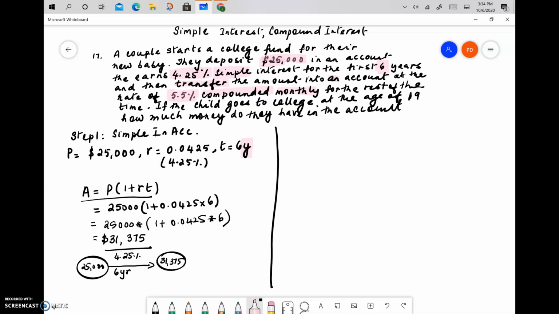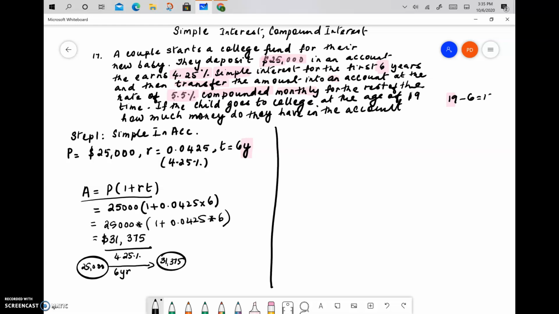So we don't know what that time is, but what do we mean by the rest of the time? So let's read the question further. It says, if the child goes to college at the age of 19, how much money do they have in the account? So we know that the total amount of time that the money stays in the account is 19 years, out of which we've already invested the money into a simple interest account for the first 6 years.